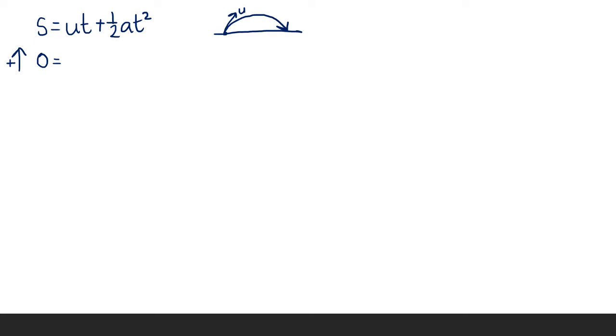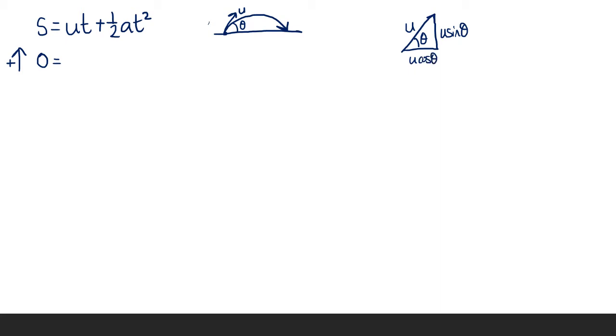If the initial velocity is u, then we can calculate the vertical component of that, which would be the sine component because it would be opposite the angle. So if the hypotenuse of the triangle is u, then the opposite side is u sine theta, and the adjacent side is u cos theta.